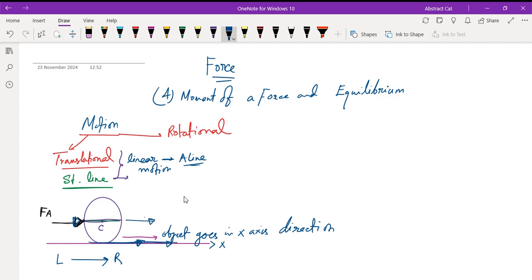Next, what is rotational motion? Now the topic is rotational motion, and it is very easy.